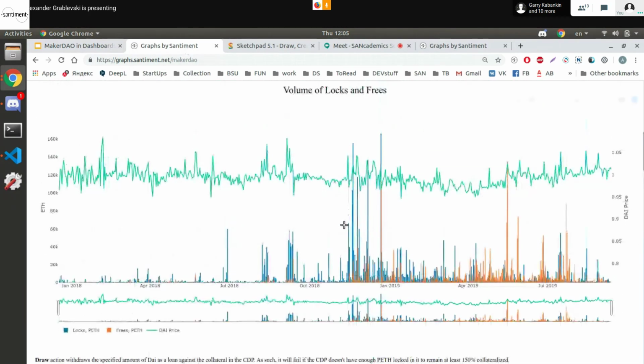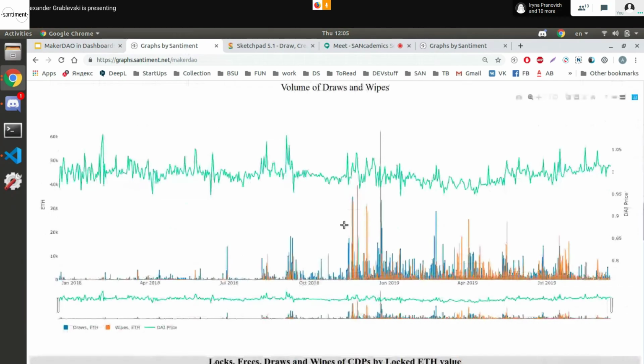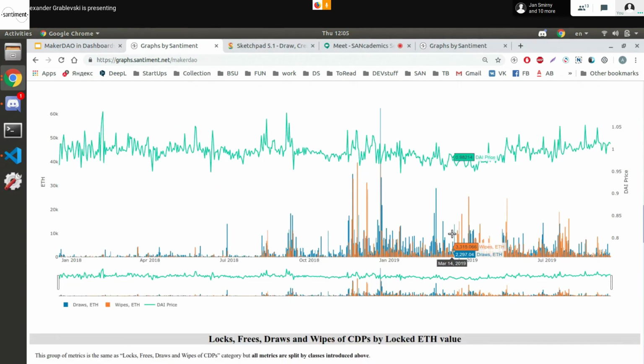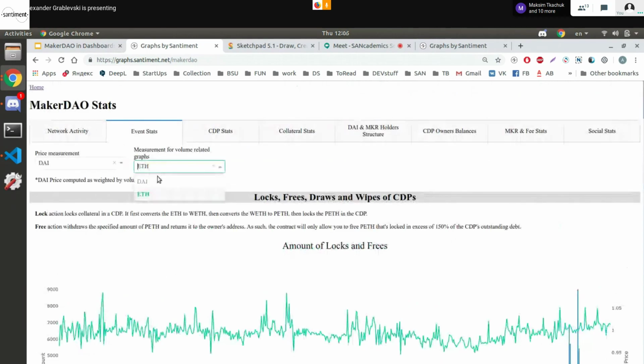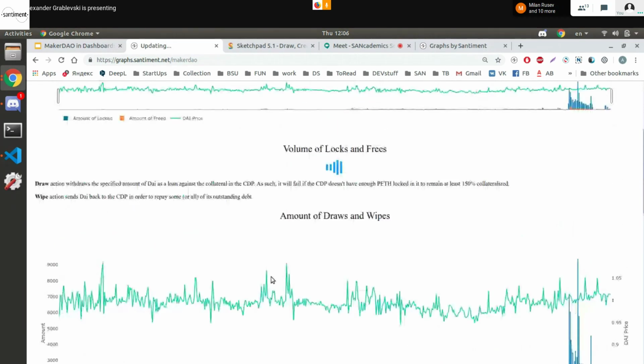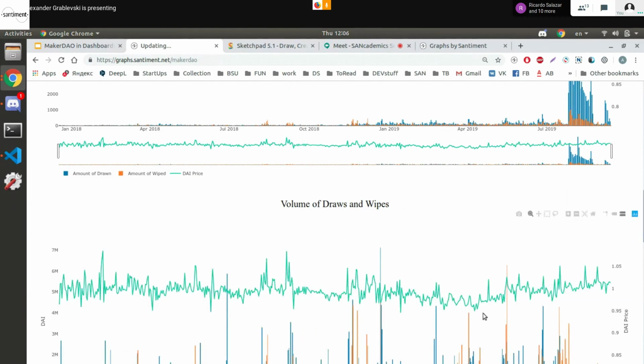But if they have the same measurement, for example DAI, you can easily compare it, and it's more convenient to do it with DAI because DAI is close to $1. So if you see 1,000 DAI locked, that means around $1,000 were locked. So that's easy to think about in this case.